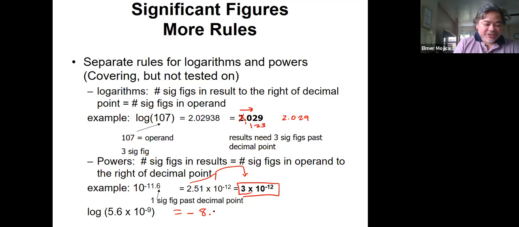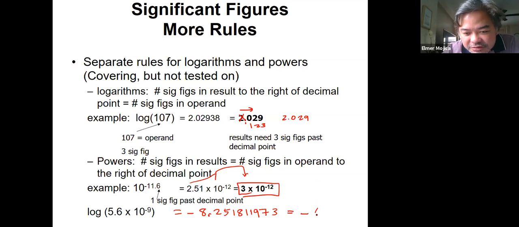How will I write this? So how does my final answer look like?